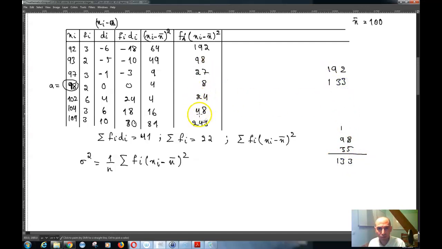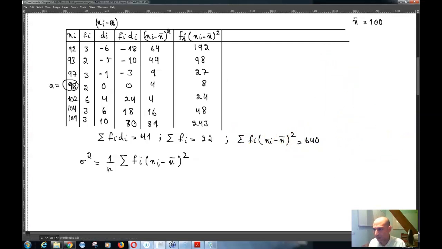And then you have 24, 48 is 72, and then 243. We get 640.